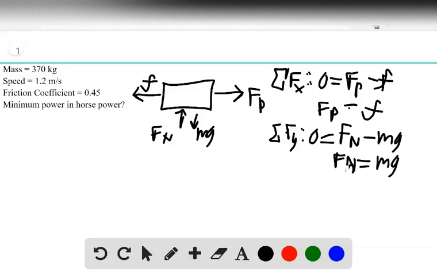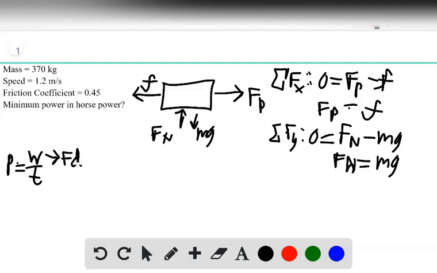All right, so from here, we know that power equals work divided by time. And work is equal to force times distance. So we have the force, we know that the force of the pull is going to be equal to the friction force, okay? Because from this equation.